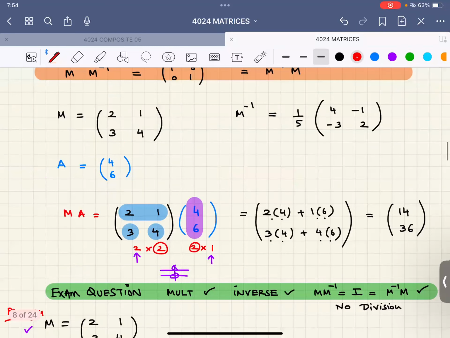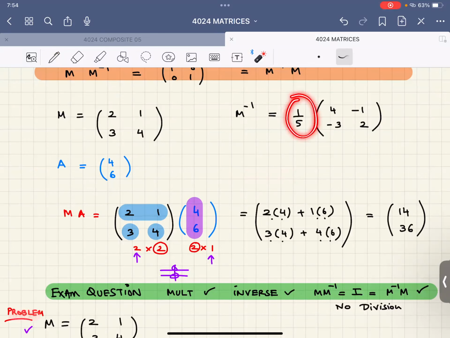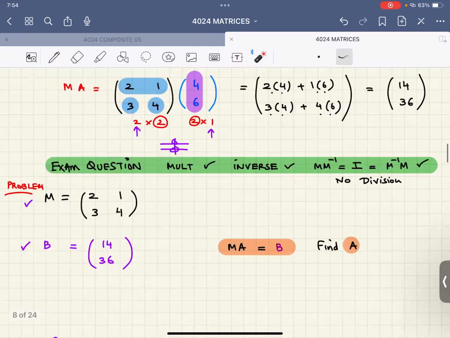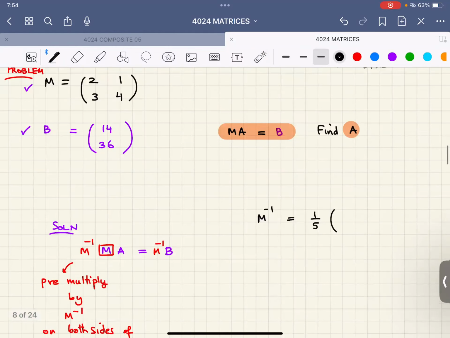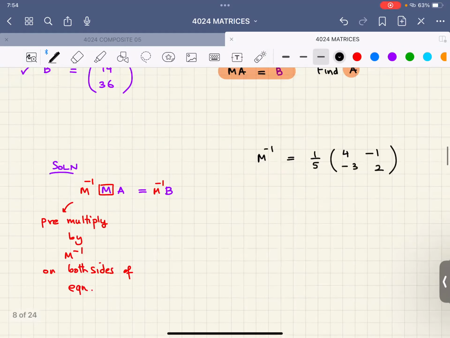Now we know that M inverse is over here, 1/5, 4, 2, minus 1, and negative 3. And these two change places, 2 and 4 change places. So that's 4 and 2, and negative 1 and negative 3. This is M inverse.